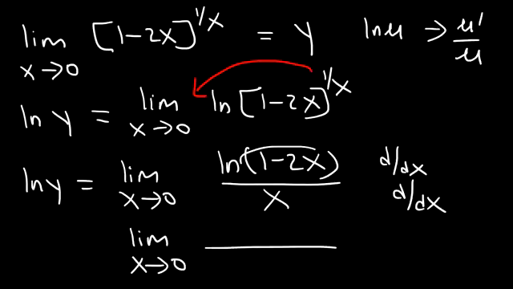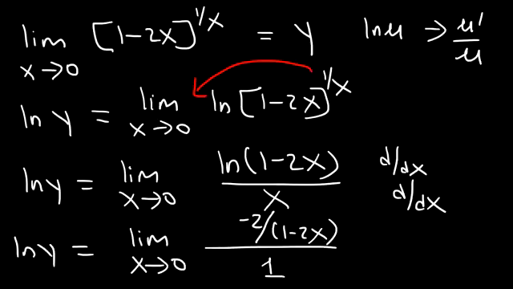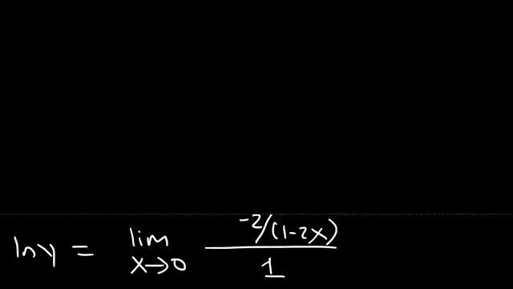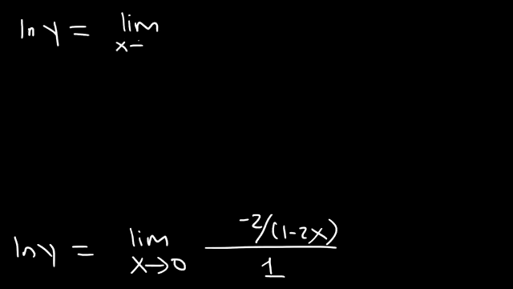So it's the derivative of the stuff inside, which is negative 2, divided by whatever was on the inside, which is 1 minus 2x. And the derivative of x is 1. So what we now have is the natural log of y is equal to the limit as x approaches 0, negative 2 divided by 1 minus 2x.